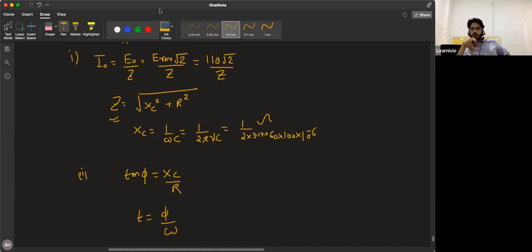Is it clear, or I should substitute the values? Anshika, is it clear? Yes, sir. Okay, just note it down. So these two were straightforward thing. We will do some modification. We'll do one more question on LC circuit, then we will do some modification.